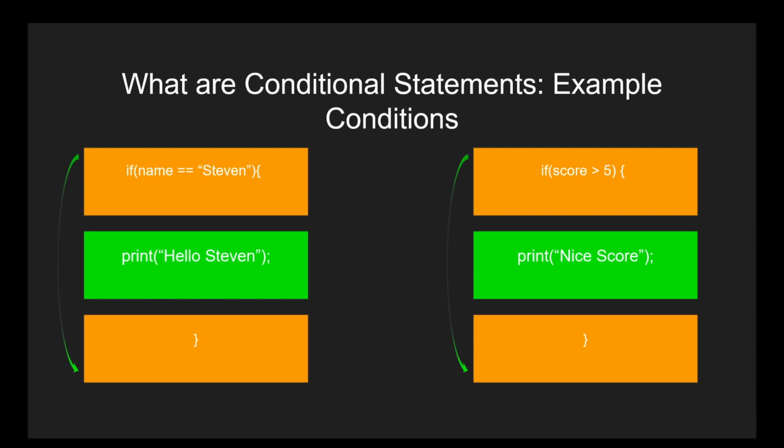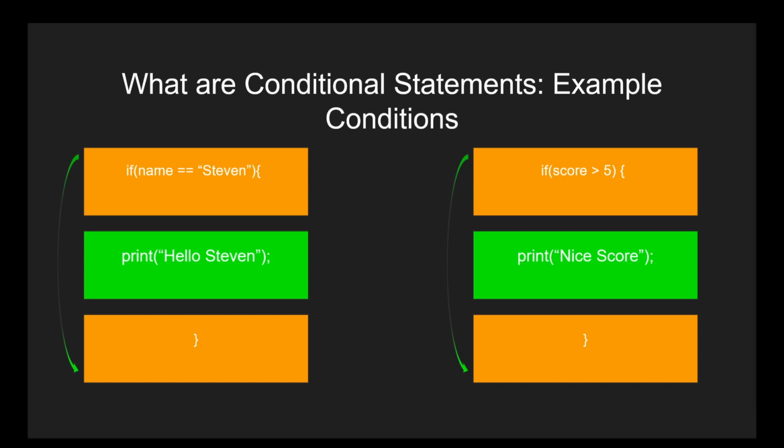Now the condition within the parentheses can take on thousands of different forms, such as if the value, the string variable name, is equal to Steven, or if the player score stored in an int variable is greater than 5. The list goes on and on.